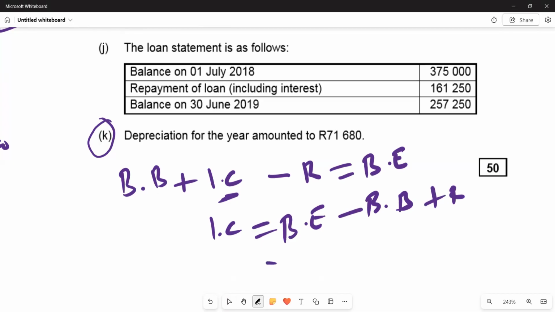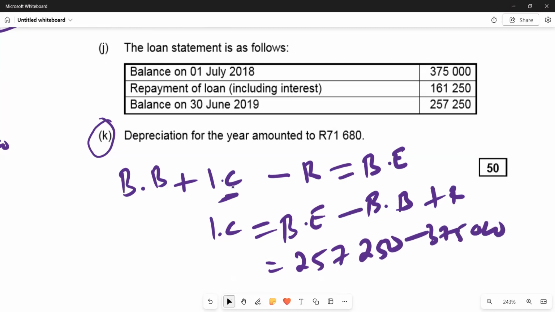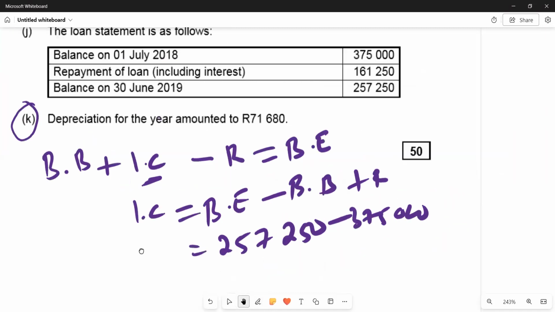So basically we are saying balance at the end is 257,250. We subtract balance at the beginning, 375,000. Then we add our repayments, which we are having as 161,250. The figure that we are supposed to get becomes your interest.